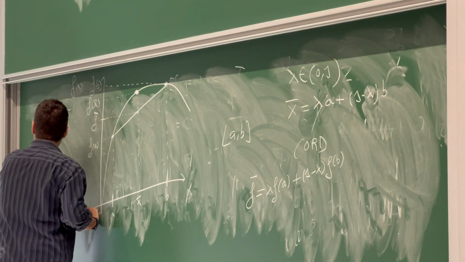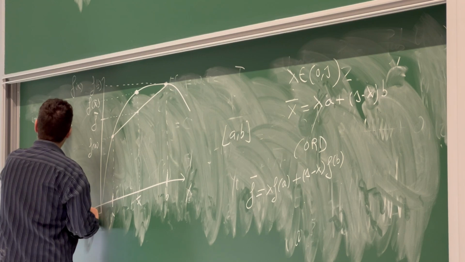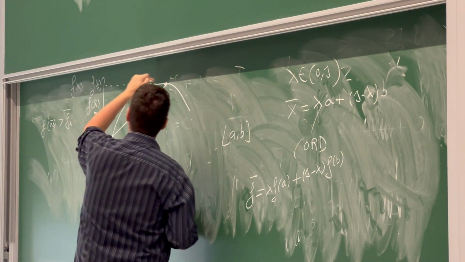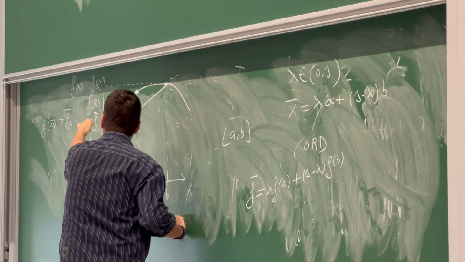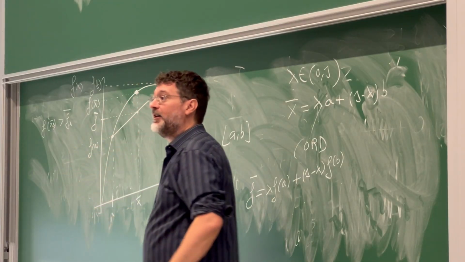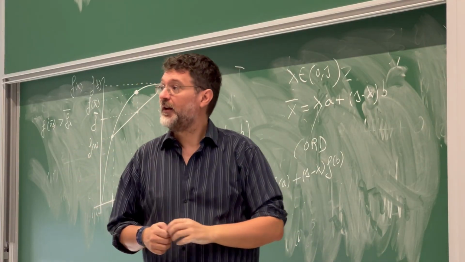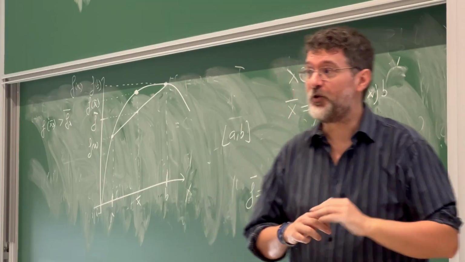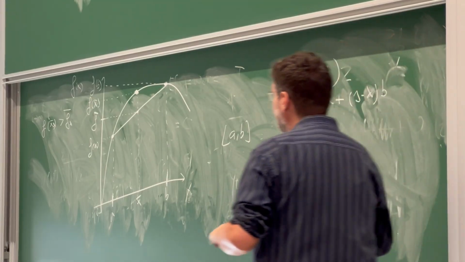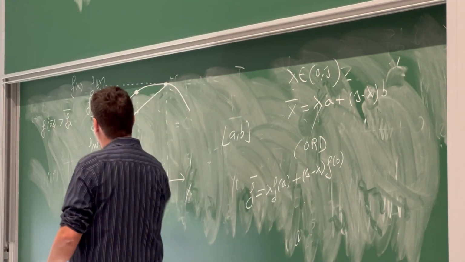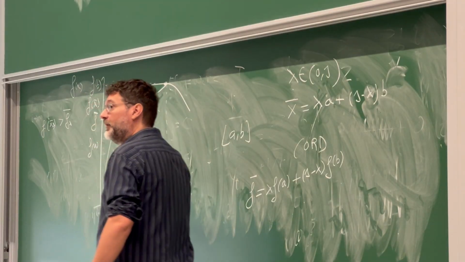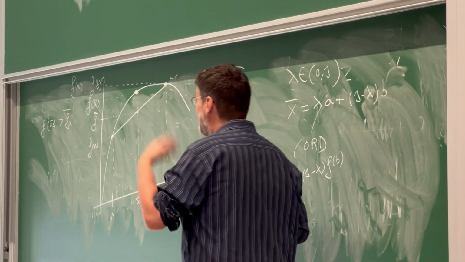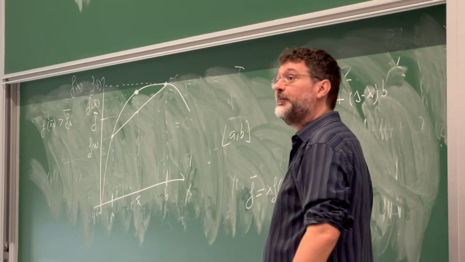You pick some lambda value here, that point is going to be above the points that are constructed linearly. So this is what the definition is telling me. You want to characterize concavity. Concavity makes the function evaluated at the midpoint above the average of the function evaluated at the endpoints.